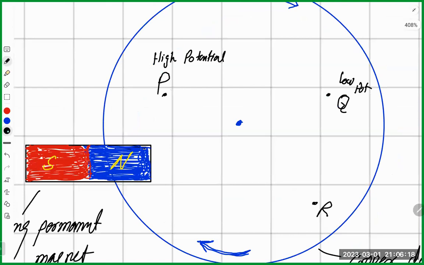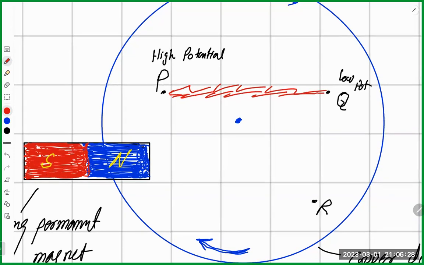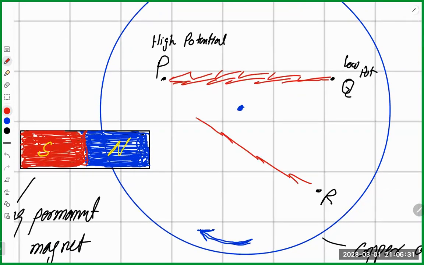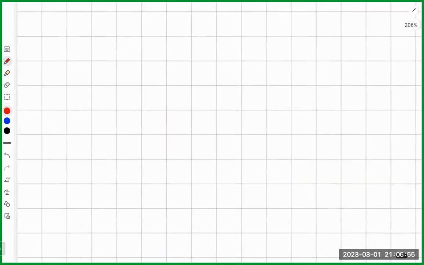We will be observing currents that will go from P to Q. So we will be observing currents on the surface, maybe from R to S. So we can observe currents going from R to S or S to R, P to Q, or there will be currents on the surface. Such currents are called eddy currents.